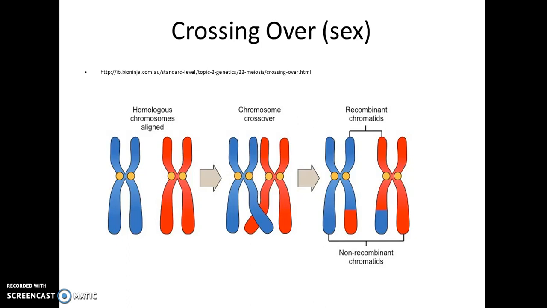Lots of stuff can happen during that exchange, but most of the time things go really well. So we have two chromatids here that are not recombined, and two chromatids that are recombined. Notice that, therefore, each and every chromatid is different from the other.